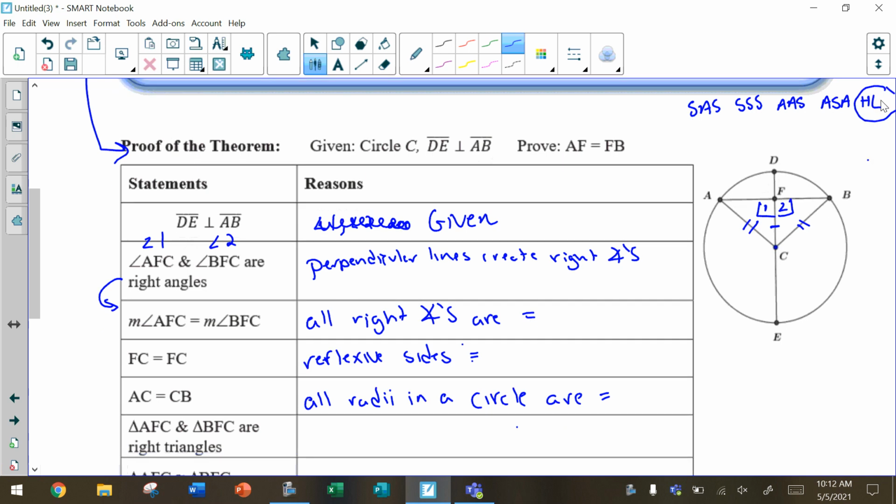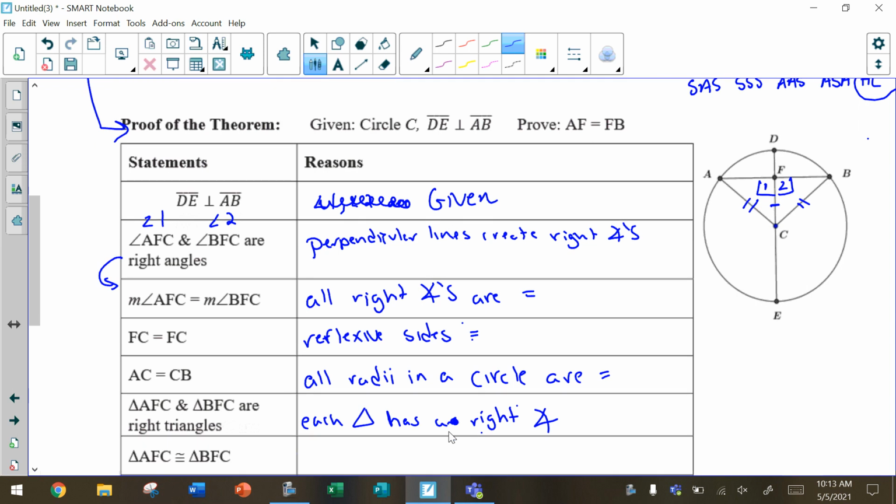So in order to use HL, we need to identify that we have right triangles. How do we know that they're right triangles? Well, because each triangle has a right angle. And now we can say the two triangles are congruent, because hypotenuse and leg of one triangle is congruent to the hypotenuse and leg of the other triangle.